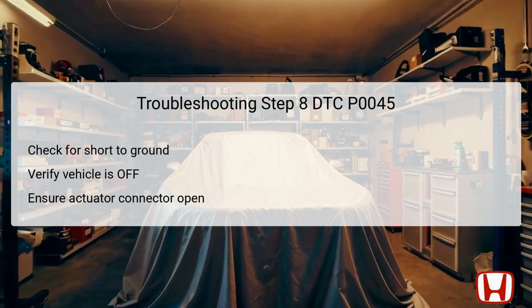If continuity is found, this indicates that the actuator has a short to ground and must be replaced. If no continuity is observed, the internal circuit of the actuator appears to be functioning correctly. In this case, it would be essential to verify if there are any service bulletins regarding this DTC, or consider replacing the PCM if it's deemed faulty.